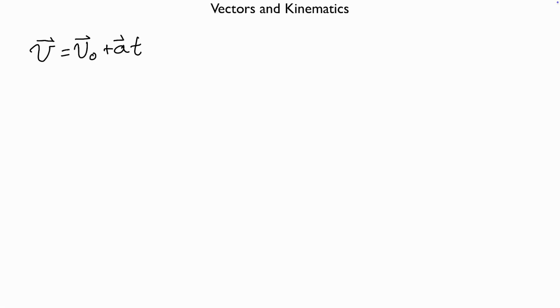No, the Cartesian coordinate system. We can split it up into components, which means that we can write this equation as v sub x equals v naught x plus a x times t.